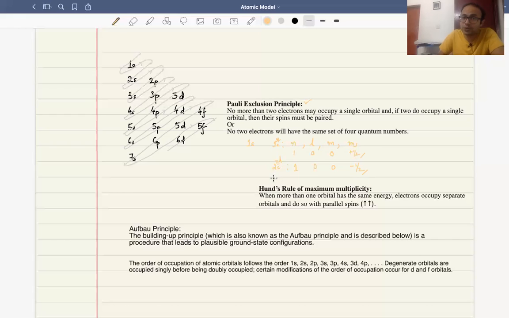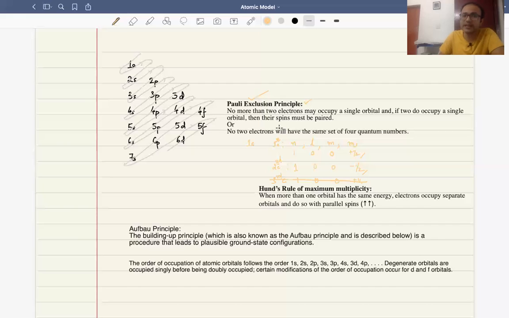Now, if I put a third electron here, it would be 1, 0, 0. But electrons can have only plus half or minus half. So even if I put any sign here, plus half or minus half, all four quantum numbers of the first electron and the third electron would be the same, which is not possible according to Pauli's exclusion principle.